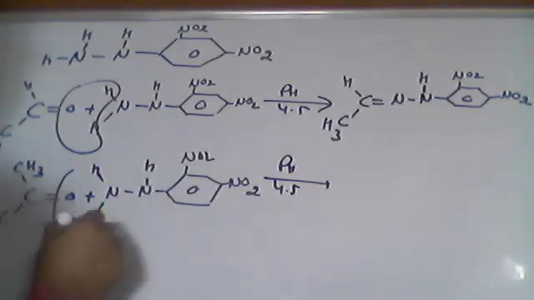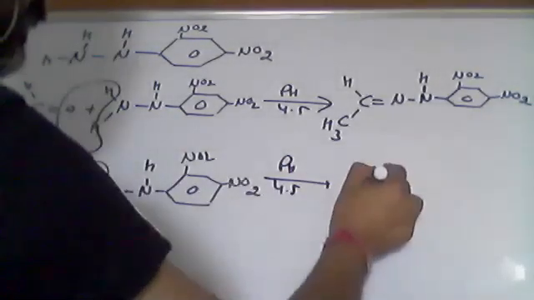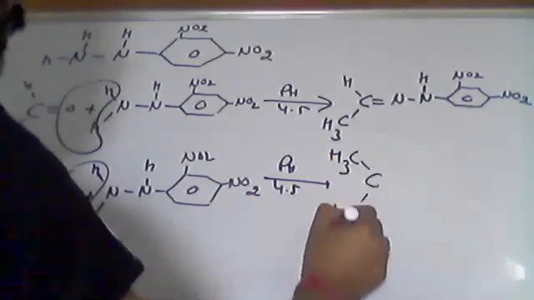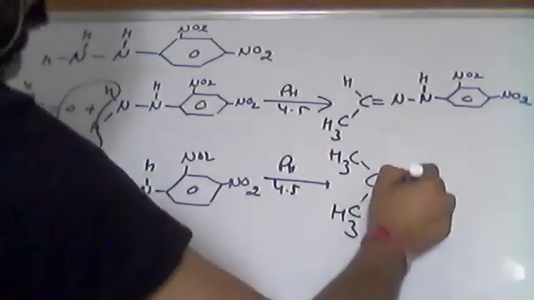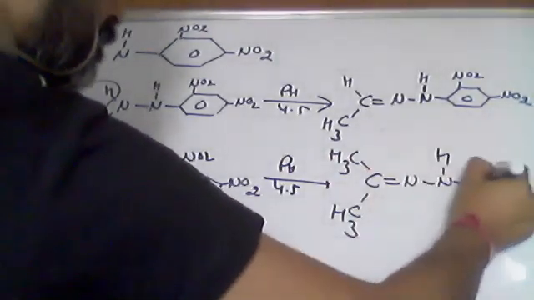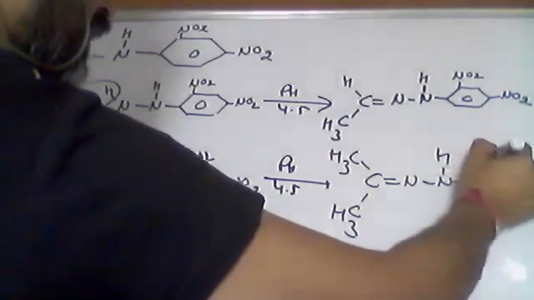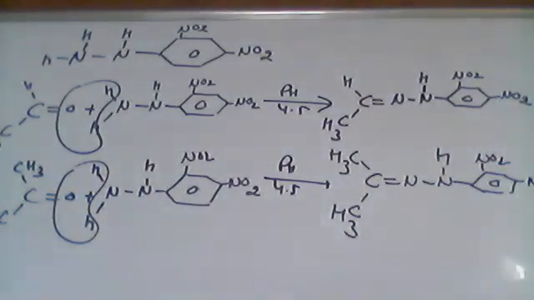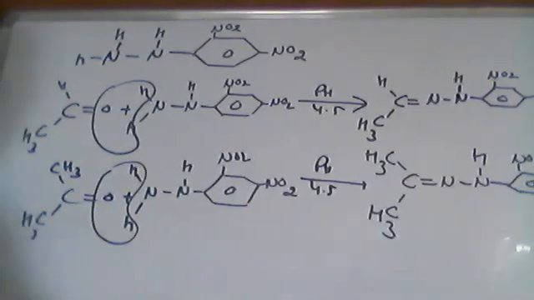Water molecule we are going to remove from here. So the product I am going to get will be CH3, CH3 double bond nitrogen, single bond nitrogen, H here, and I will get NO2 here and NO2 here. Phenylhydrazone of acetone.